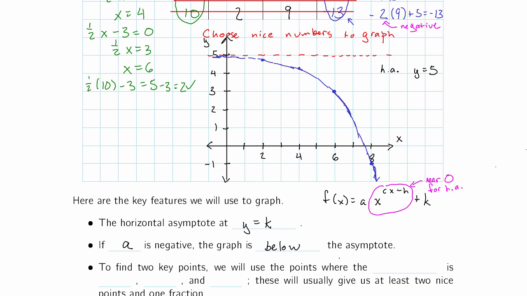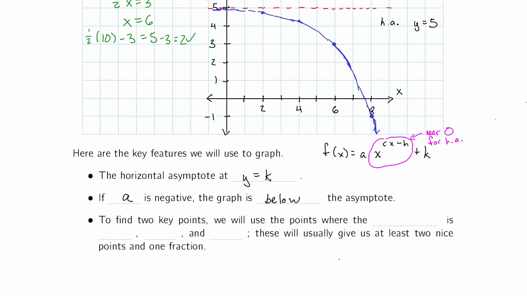And then, ideally, we want at least 2 key points. We'll actually want 3 if we're drawing by hand to get a better idea of our shape. Even more is even better, but we want at least 2 points. And to find 2 nice key points, one strategy that often works is to find the places where the input, not x, but the input of the base function, has the values -1, 0, or 1.